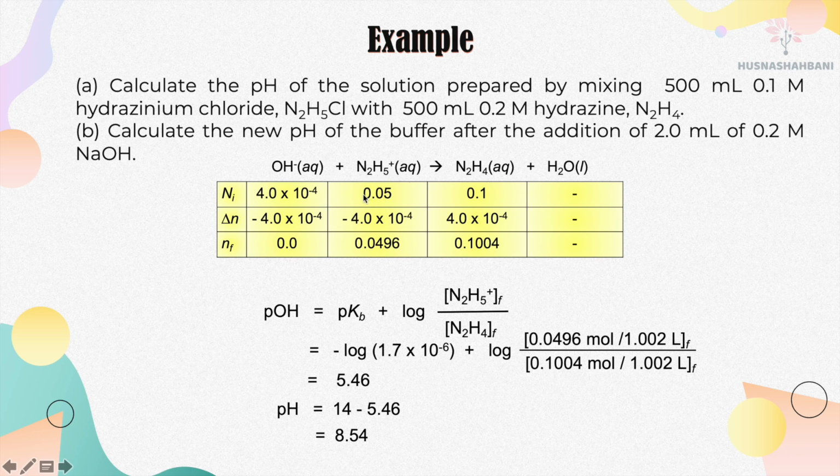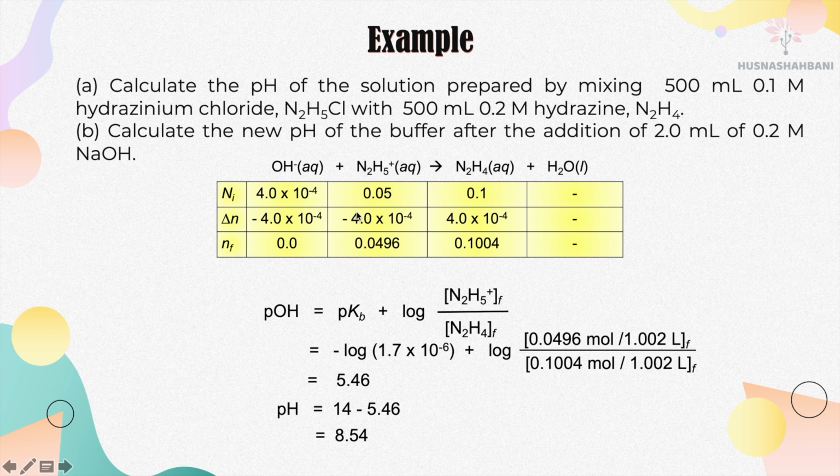In N2H5 plus you have 0.05 mole, but only 4 times 10 to the power of negative 4 will be used to react with OH minus, and only that number of mole will be produced as N2H4. Then the final for OH minus is 4 times 10 to the power of negative 4 minus 4 times 10 to the power of negative 4, which is 0.